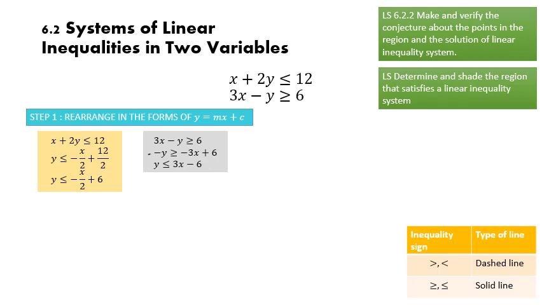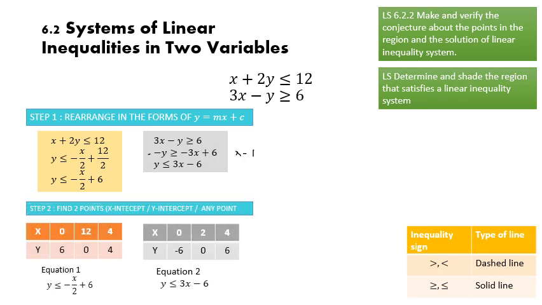So I would multiply both sides by negative 1. When we multiply both sides by negative 1, the symbol changes. So instead of greater, it becomes less.